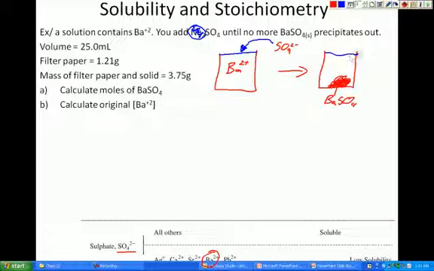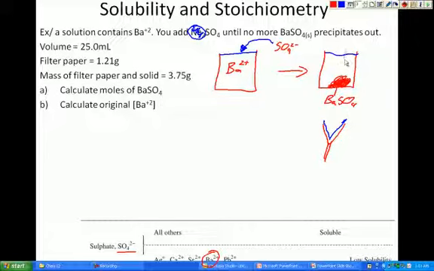What we then do is we take this solution and we put it through a filter paper. So here's our filter, and then in here we put a paper. Now this paper that I drew blue right here weighs 1.21 grams by itself.